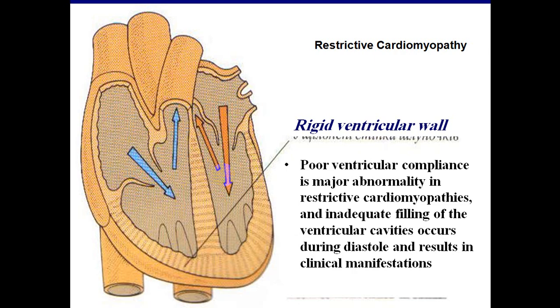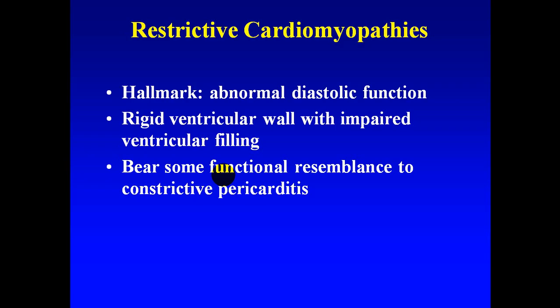The rigid left ventricular wall and poor ventricular compliance is the major abnormality, and inadequate filling of ventricle cavities occurs during diastole, resulting in diastolic dysfunction, but in the progress of disease it might be combined with systolic dysfunction.